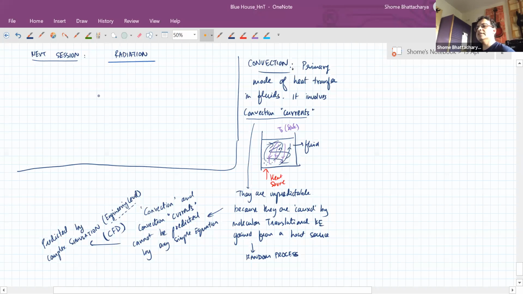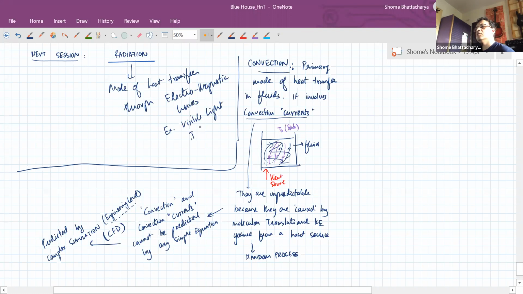Next session we'll be talking about radiation. Radiation is the mode of heat transfer through electromagnetic waves like visible light, but including more complex electromagnetic waves like infrared, ultraviolet, microwaves, X-rays, etc. All these have their own range of heat transfer, but particularly these three: infrared, ultraviolet, and visible light.